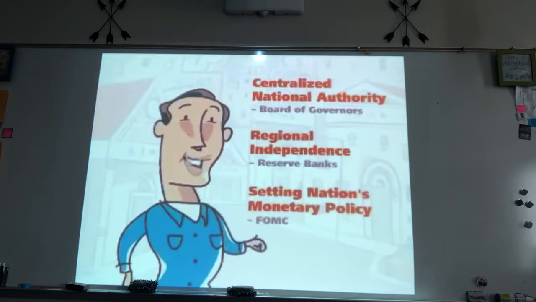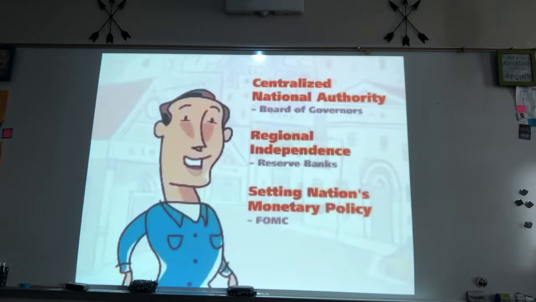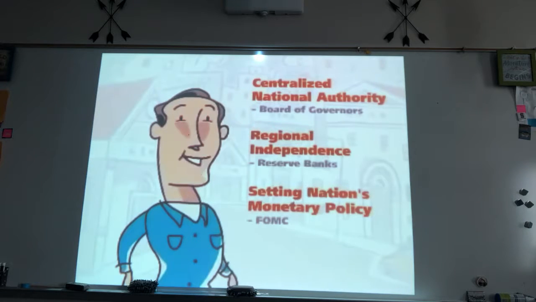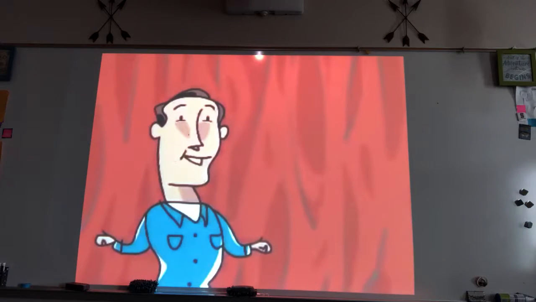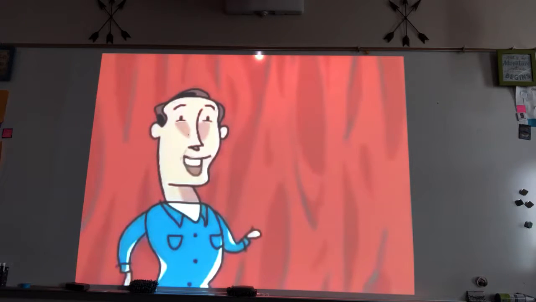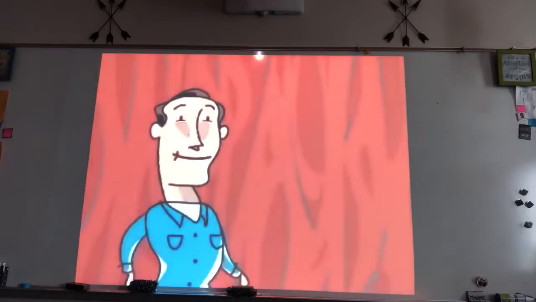A third entity, the Federal Open Market Committee, brings together the expertise of the first two in setting the nation's monetary policy. Okay, that was a mouthful. Let me see if I can make better sense of it. Let's take a walk through some of the places that make up the Fed, where you can see firsthand what exactly we do.